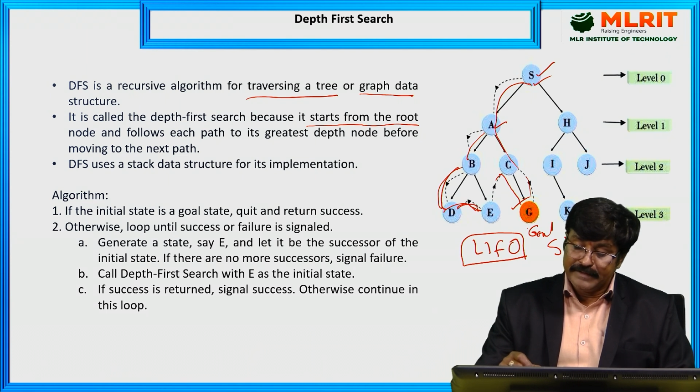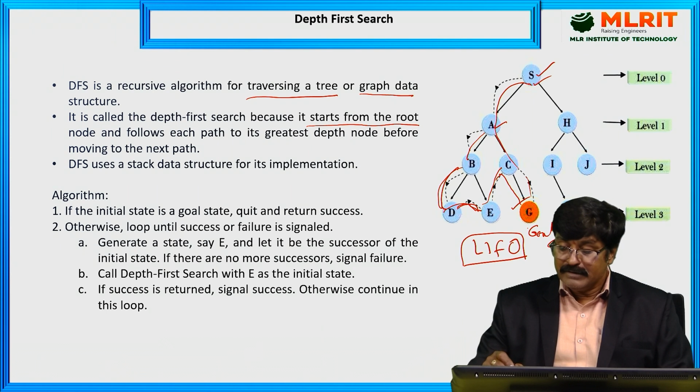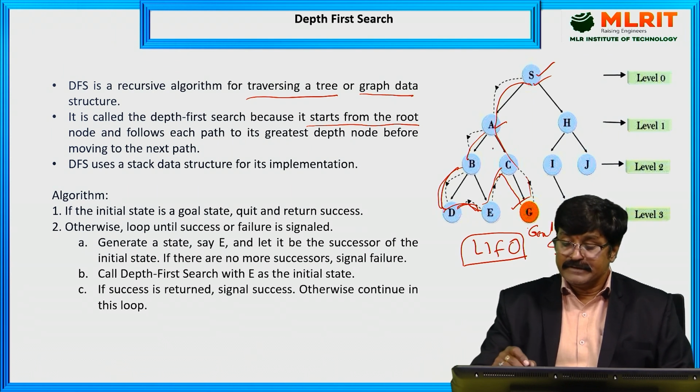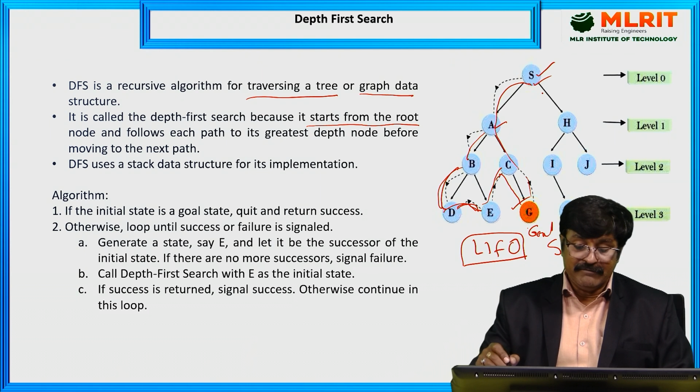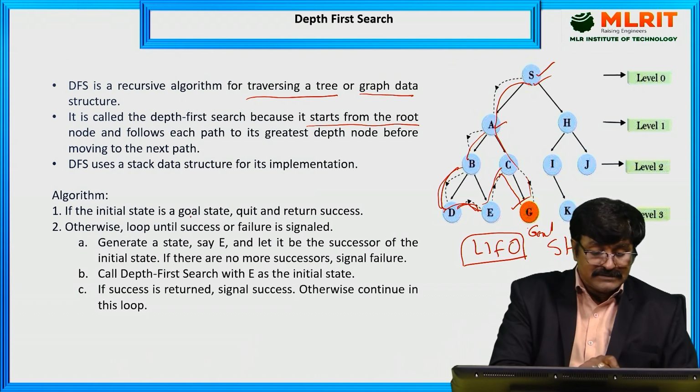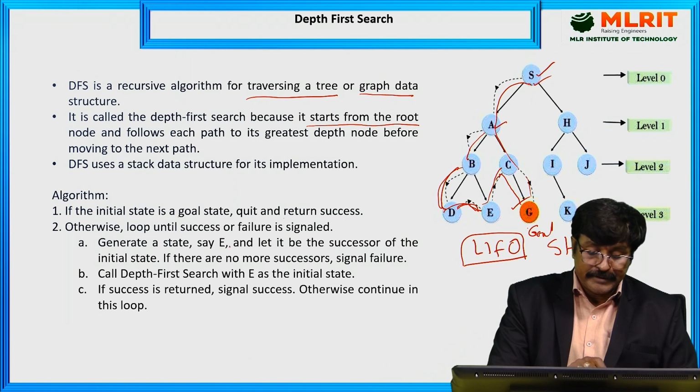It recursively backtracks to the next depth level. So this is the algorithm: initialize the initial and goal states, and if they are the same, return success; otherwise the loop continues, generating and evaluating node E as a successor of the initial state.